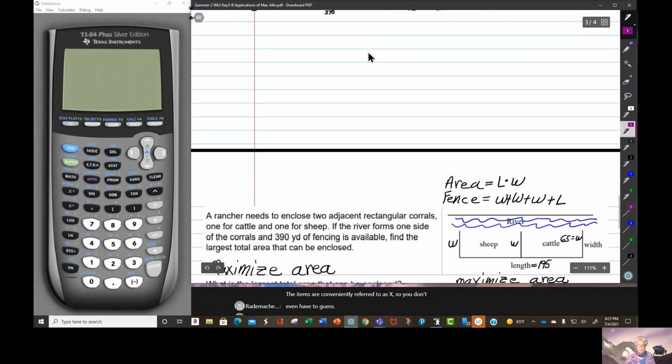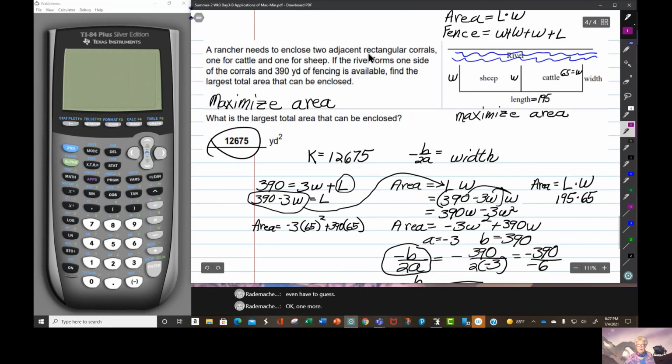Okay, one more. There's a farmer who needs to enclose 2 adjacent rectangular corrals for sheep and cattle. The river is going to form one side, so the farmer doesn't need to use fencing here because he's limited.